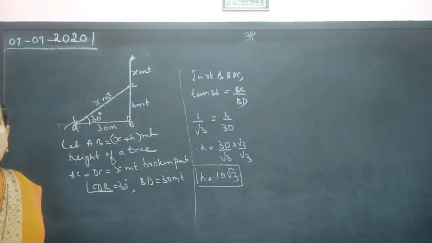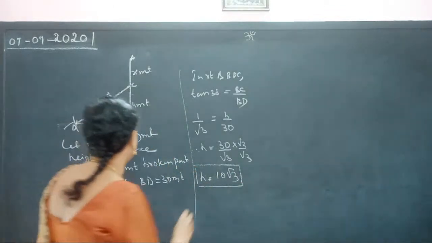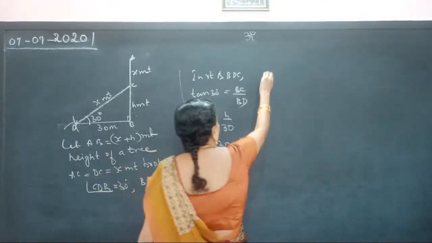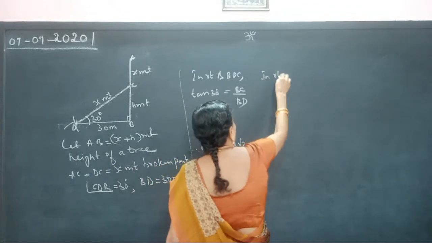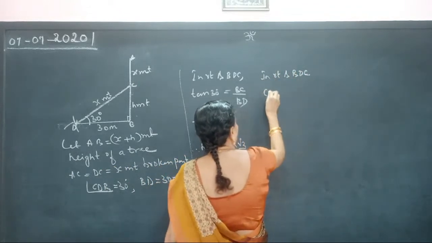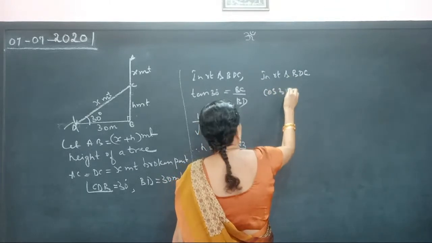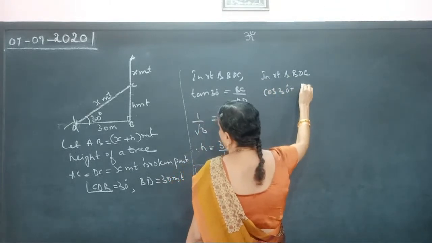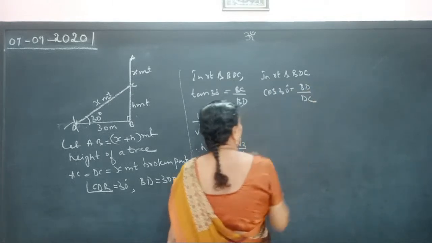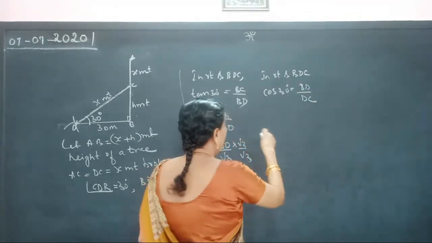Again, we require the x value, knowing the adjacent side here. In the right triangle BDC, cos 30 degree equals adjacent side by hypotenuse. What is cos 30?